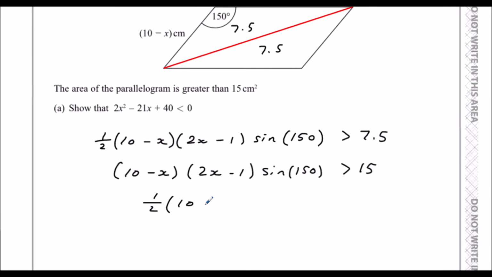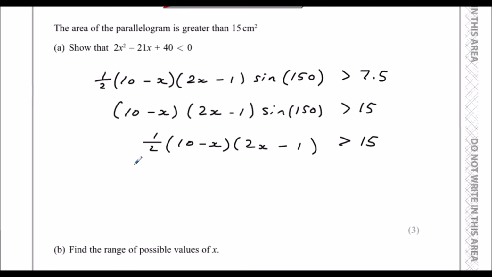So half times (10 - x)(2x - 1) is bigger than 15. But then we can get rid of the half by doubling again. So (10 - x)(2x - 1) is bigger than 30.